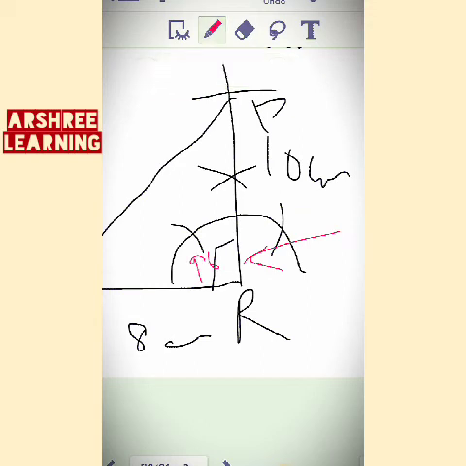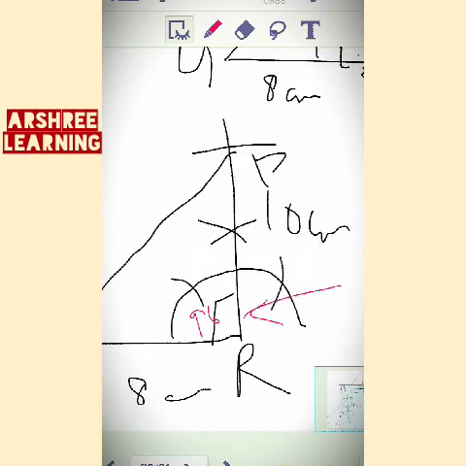After that you have to measure PR, cut 10 centimeter. So this will become point P, and you will measure an arc from R. So from here you will put the compass and cut an arc from here.